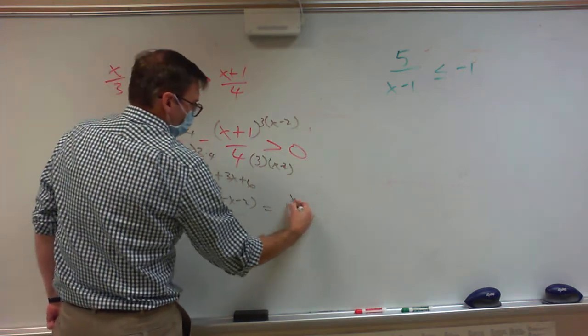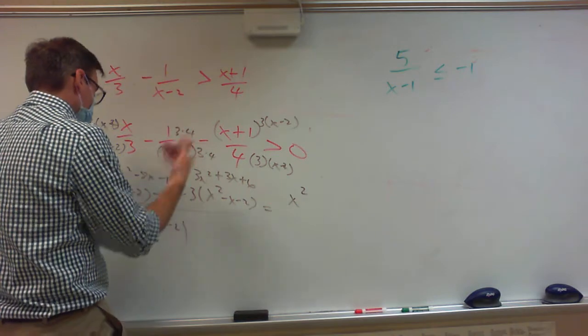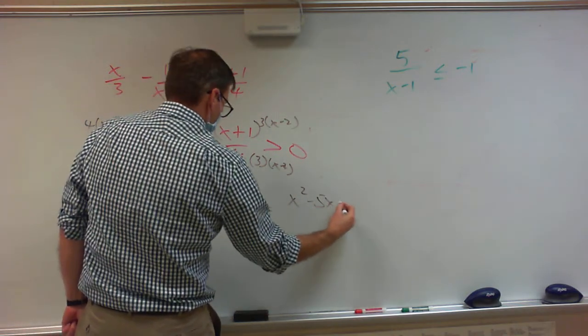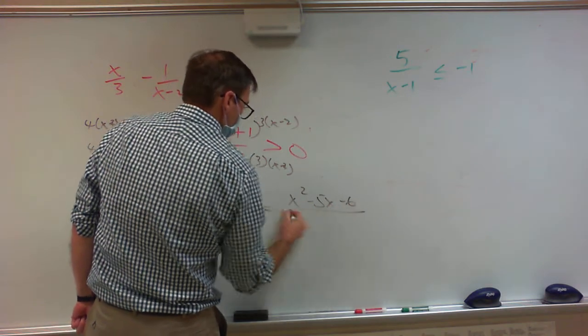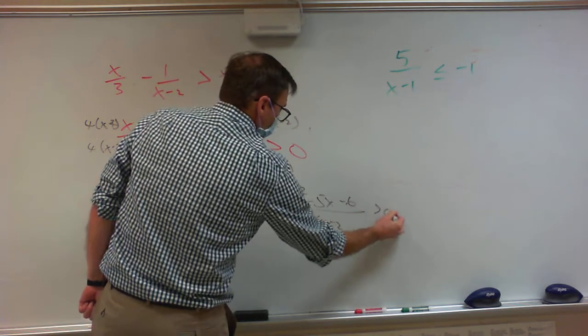And again, I apologize for doing this quickly because normally I'd make you do this, but I've only got 30 seconds, and so I'm kind of stuck. Minus 5x minus 6 all over 12 times x minus 2, and all that's greater than 0.